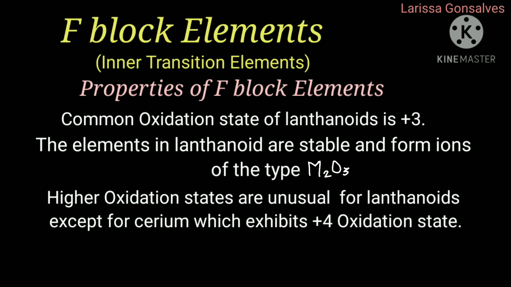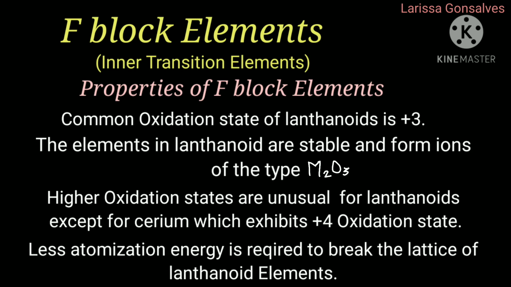The energy required to break the lattice is the energy of atomization, and it is comparatively less than that of transition metals. The reason is that transition metals are hard while lanthanoids are soft, so more atomization energy is required to break the hard lattice of transition metals.